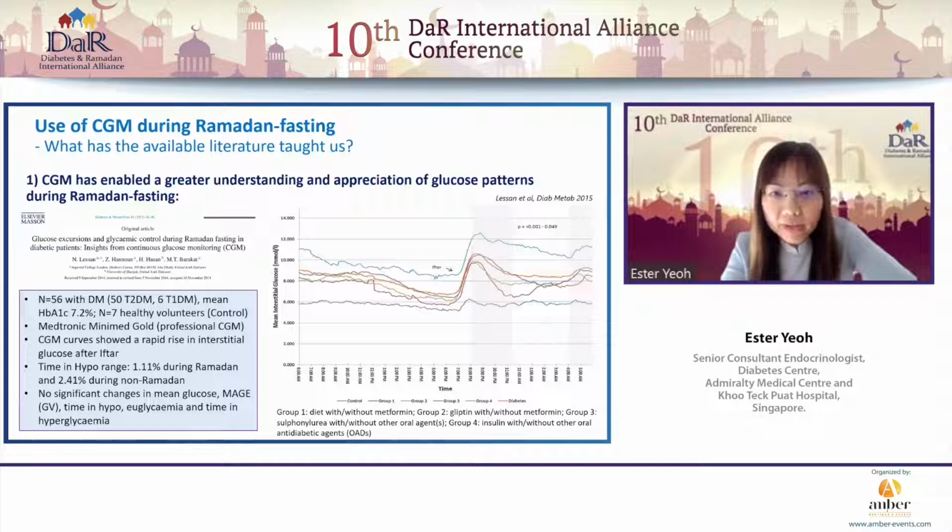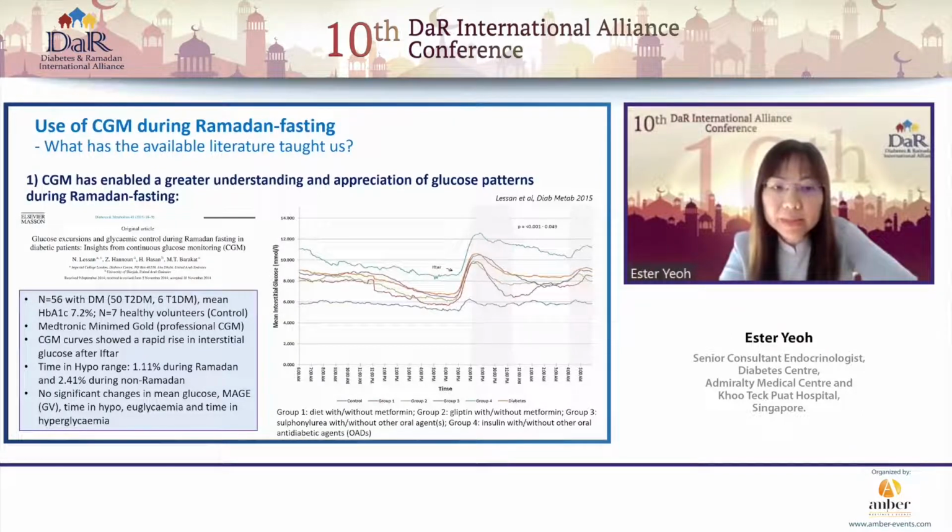If you look at the graph on the right, the healthy controls, without diabetes, are the blue line, with quite little fluctuation in the interstitial glucose throughout the 24 hours, despite Ramadan fasting. But in patients with diabetes, you can see an initial dip, especially in the pre-iftar period, and then a rapid rise in the interstitial glucose after iftar.